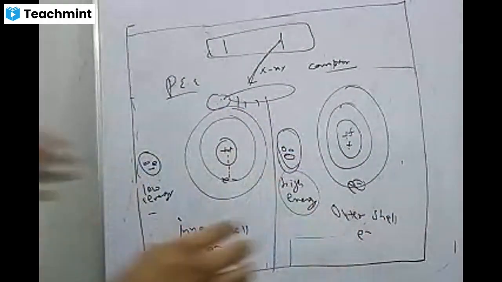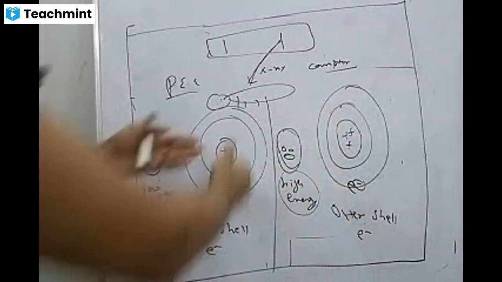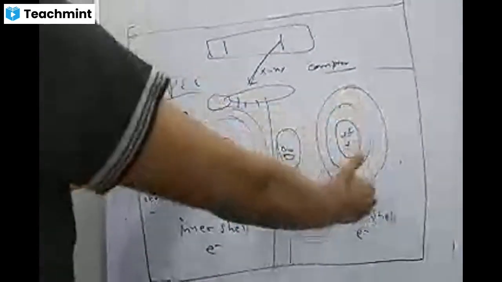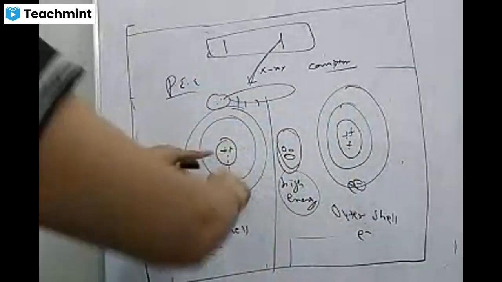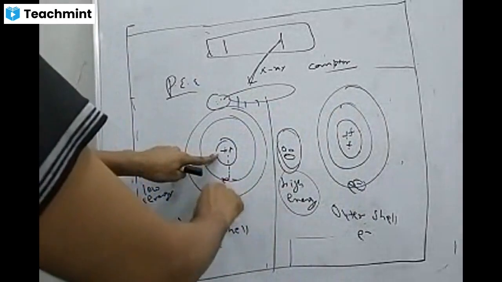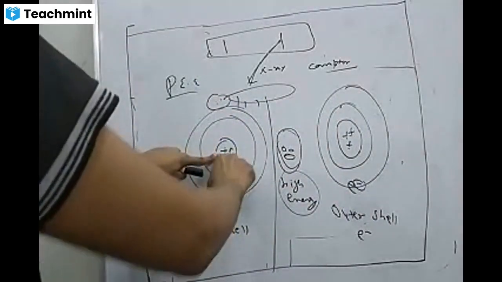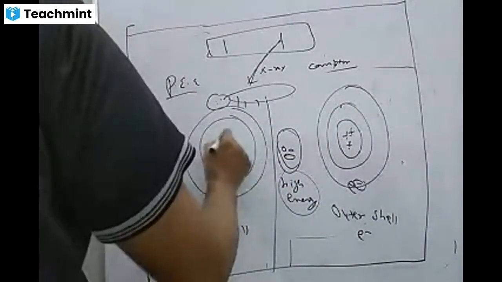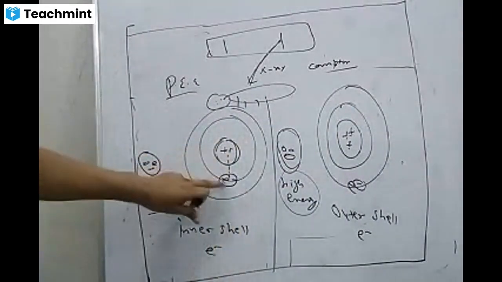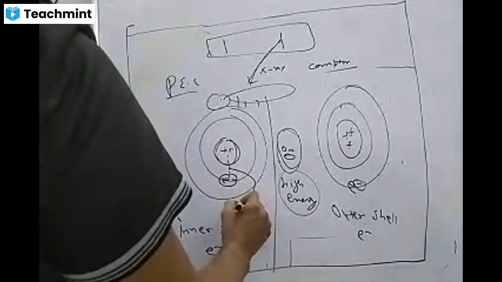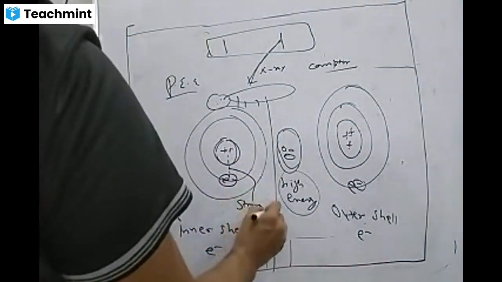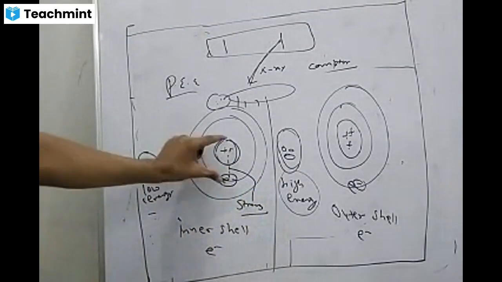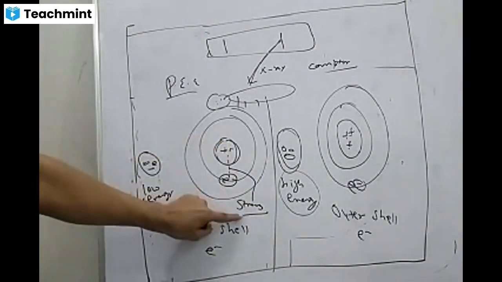Now, what is the difference between inner shell interaction and outer shell interaction? This inner shell electron is attracted to the nucleus with high attraction, meaning this attractive force is very strong. Because the inner shell electrons are very close to the nucleus, they are attracted more.